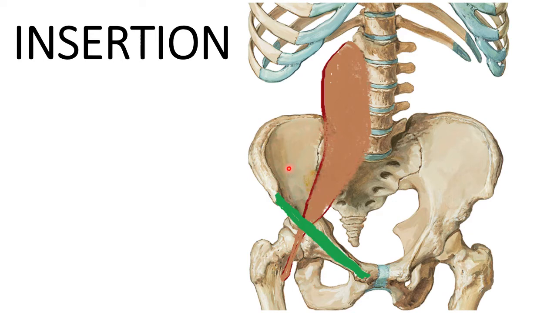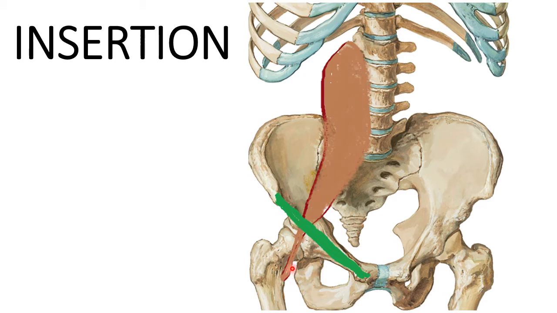Together, these two muscles form a common tendon, which runs behind the inguinal ligament. Here in green color, I am representing the inguinal ligament. Behind this inguinal ligament, the psoas major and the iliacus together form a common tendon, run down, and get inserted into the lesser trochanter of the femur.